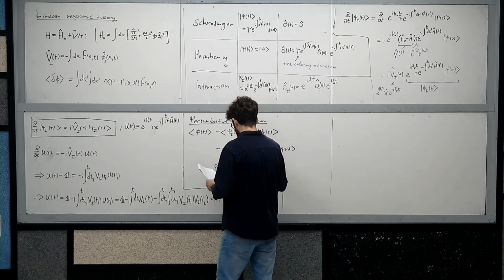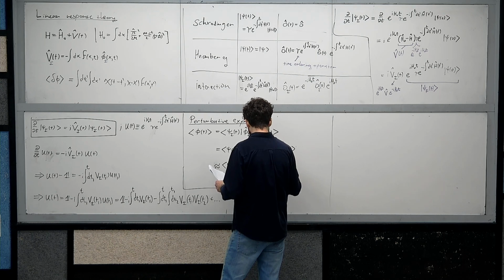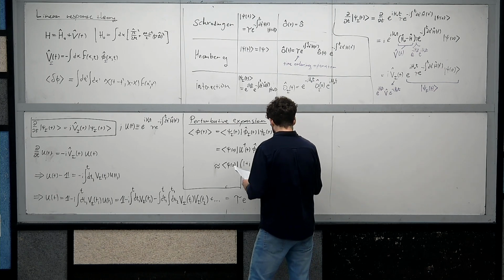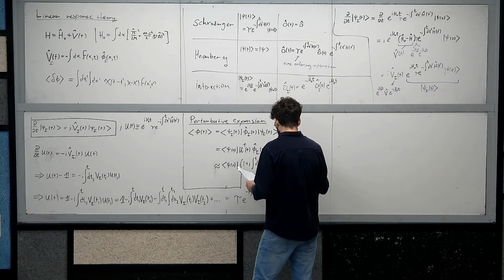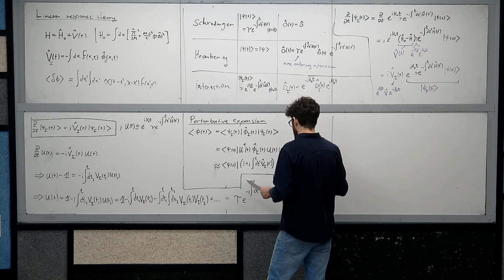I'm going to write this as 1 plus i, the integral up to t dt prime, V_I of t prime, times phi_I of t, times 1 minus i, integral up to t dt prime, V_I of t prime, and psi of 0.